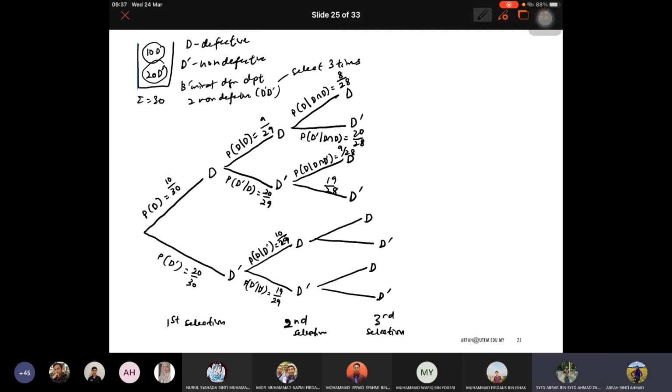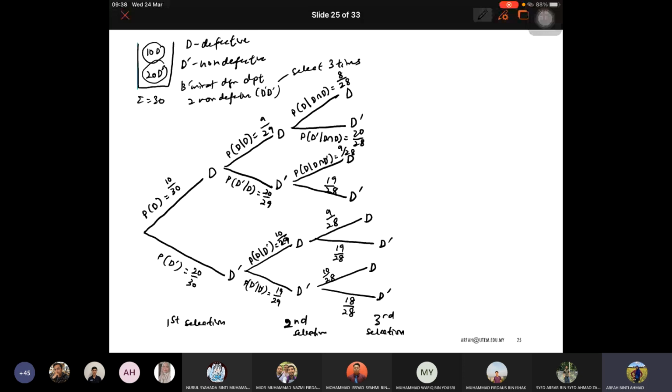Berapa set? 9/28. So 9/28. This one? 19/28. 19/28. So yang ini? 9/28. Salah. Salah. 10. 10/28. Okay, and the last one? 17. 17 salah. 18. 18/28.